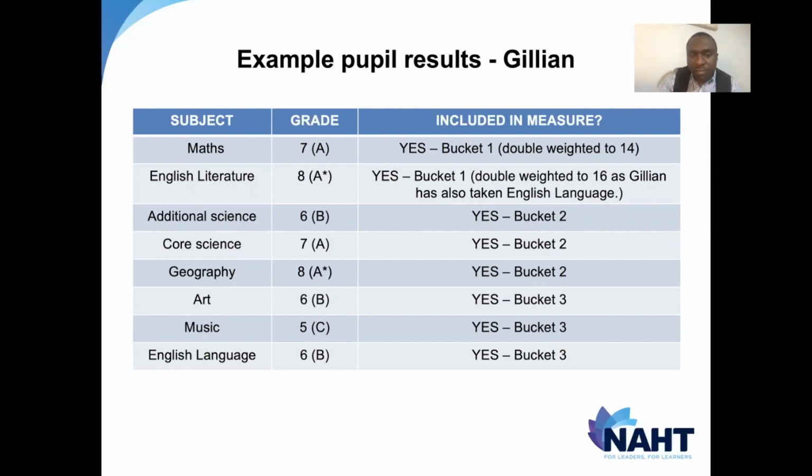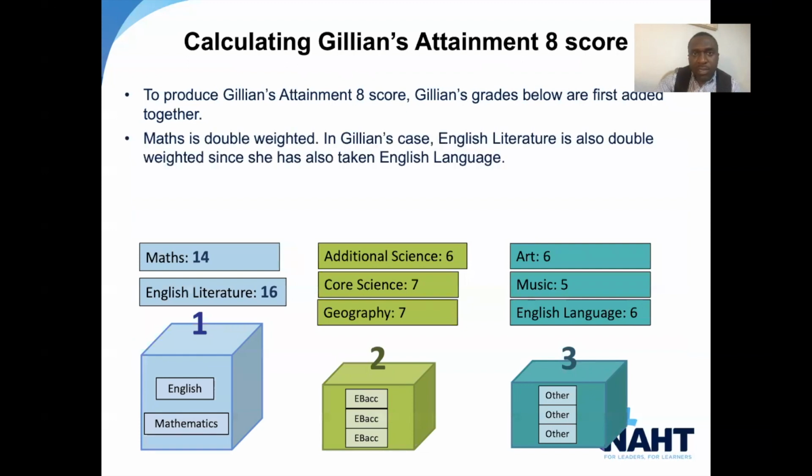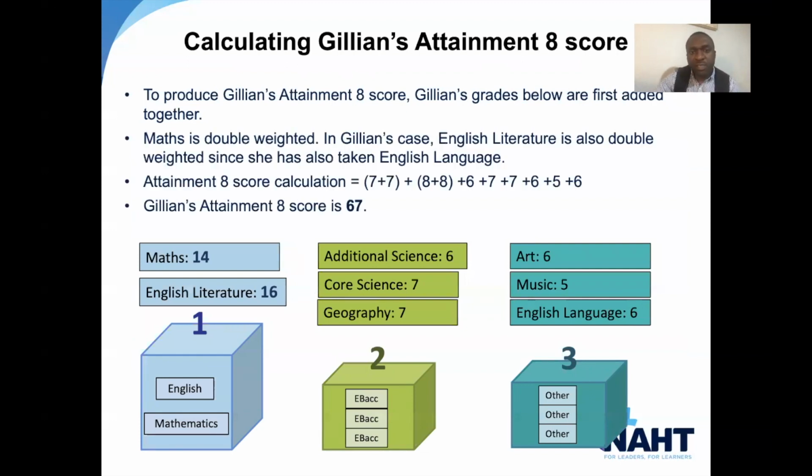English language is bucket 3. Now, English literature, bucket 1, double weighted, okay? And English language then comes to bucket 3. So we calculate all of this together. Jillian's score, if you add it all up, you will have a total of 67.